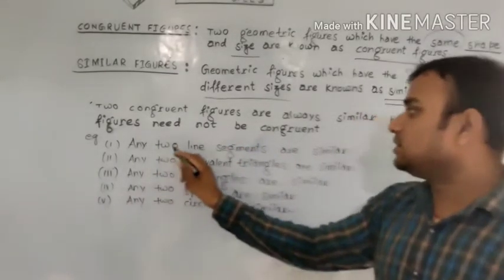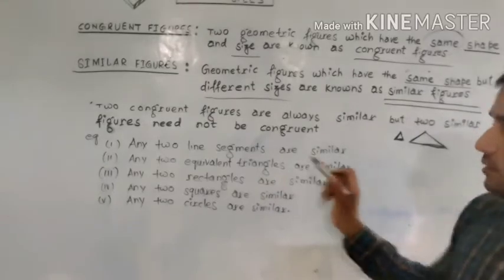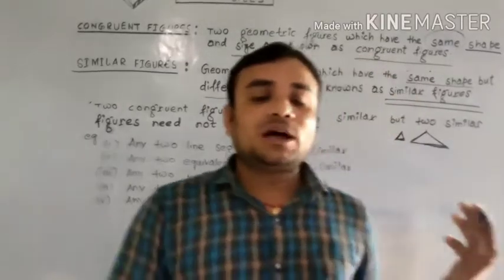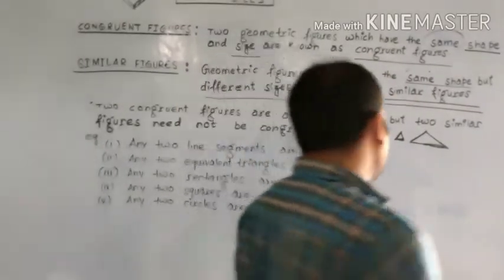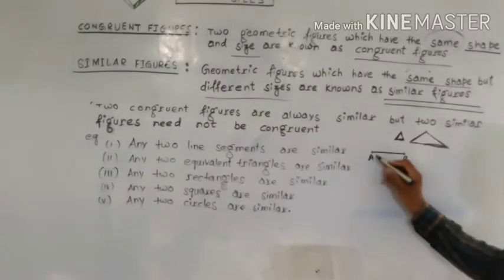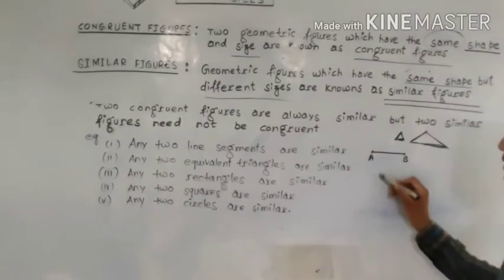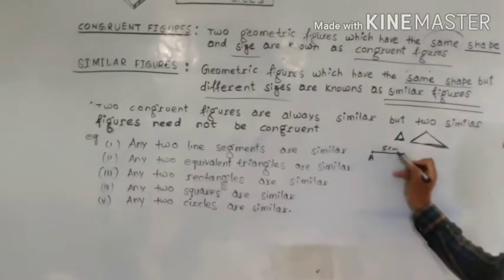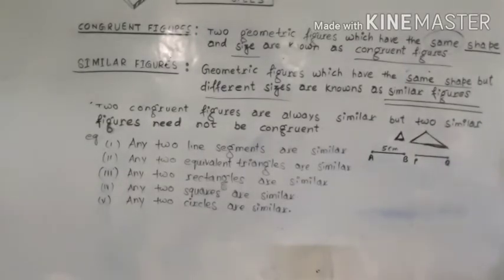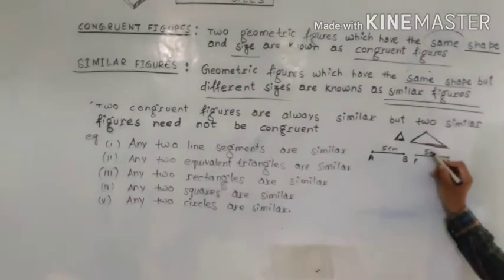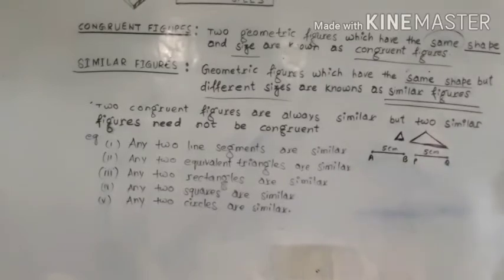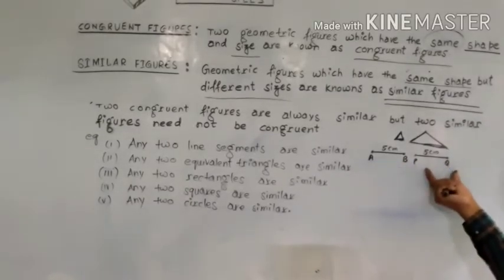Example: any two line segments are similar. That means, what? A line segment has two endpoints. A and B is a line segment because it has two endpoints. If it is 5 cm, and the other, P and Q, is a line segment whose magnitude is also 5 cm, then these lengths are equal to each other, and AB overlaps PQ.